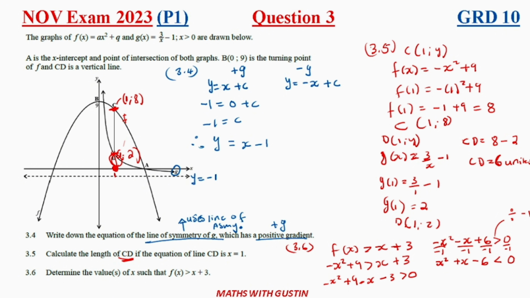We have to look for factors that when you multiply them together give you negative 6. Oh, I'm forgetting to factorize here. Thank you guys for correcting me. So what do we have? You're going to have positive 3 here and then minus 2.